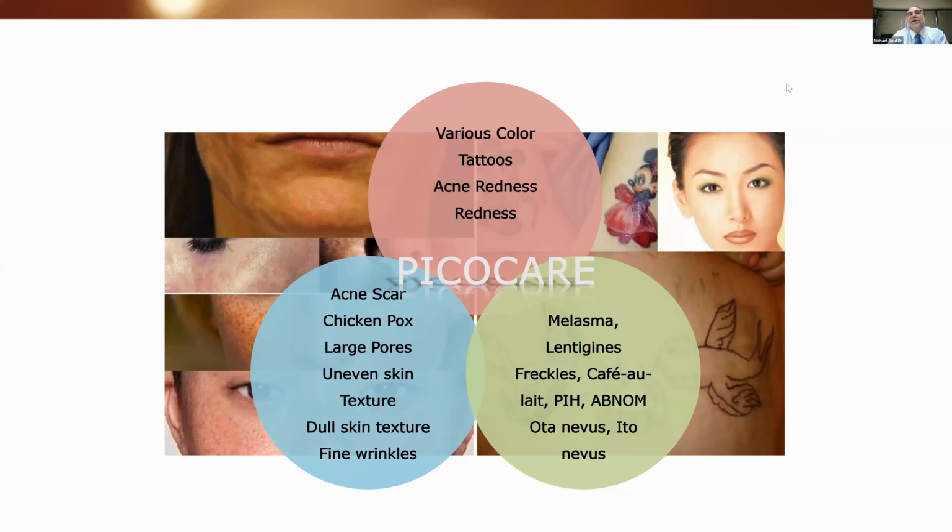Because as was mentioned, we are all very well versed in the nanosecond technology. There's no question that Q-switch nanosecond technology works. What makes Pico different is the technology is much more advanced, as you heard, being able to create these laser optical injuries into the skin.